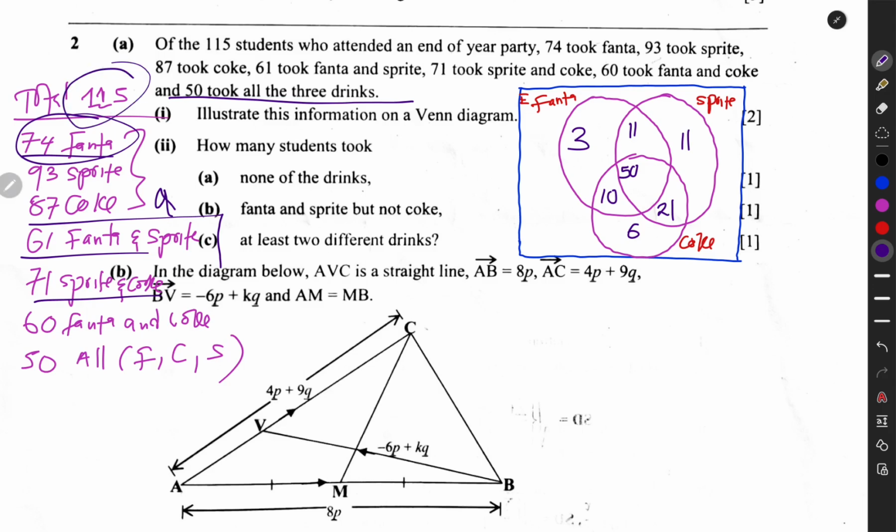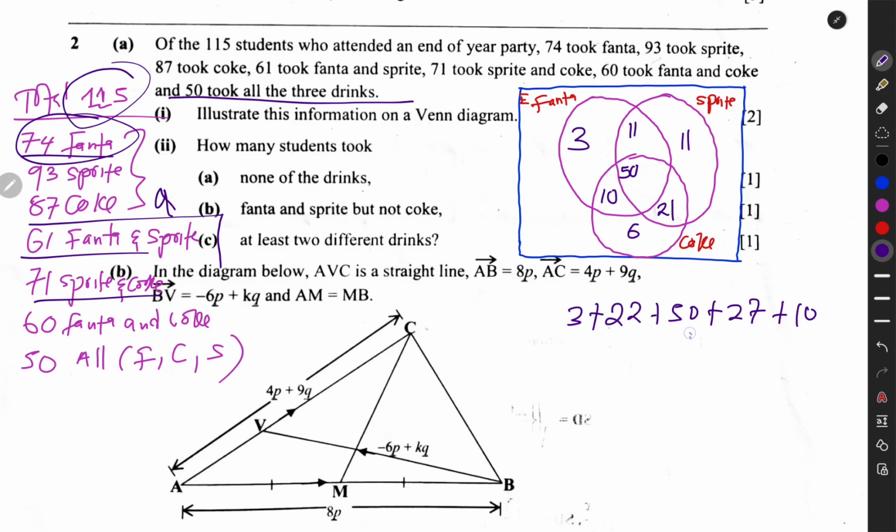If it is not equal to 115, then you need to find the number of people that did not take any of the drinks and put them in the universal set. So if we add everything in the sets, we have 3 plus 11, plus 11, plus 50 plus 21, plus this 6, plus 10.